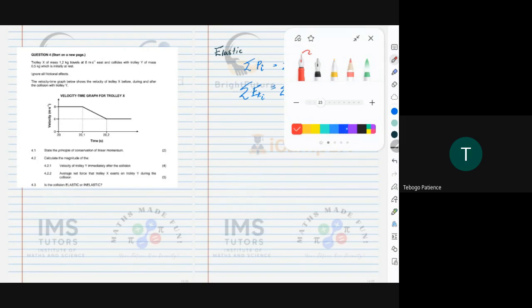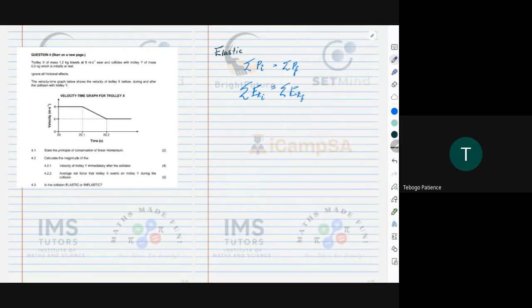Now, if the collision is no longer elastic, that means the collision is inelastic. So if the collision is inelastic, Pi is still going to be conserved, okay?